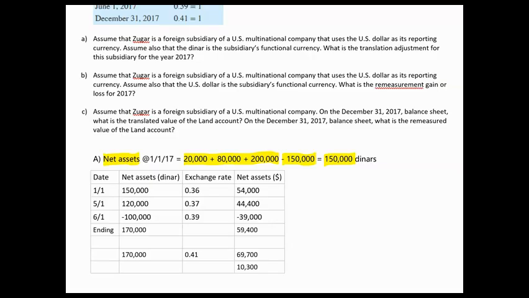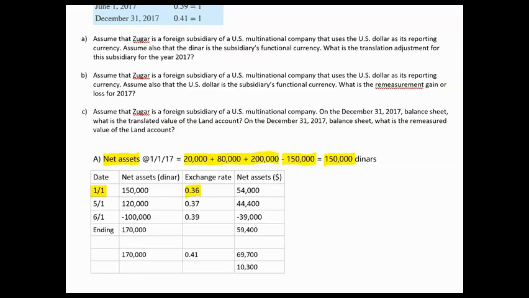This is the beginning balance of net assets on January 1st of 2017. And we can translate those net assets from foreign currency to US dollars based on the January 1st exchange rate, which is 0.36.